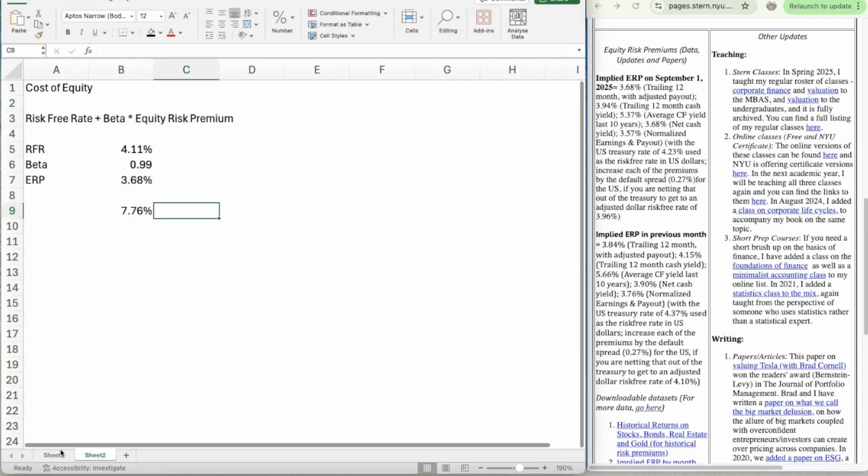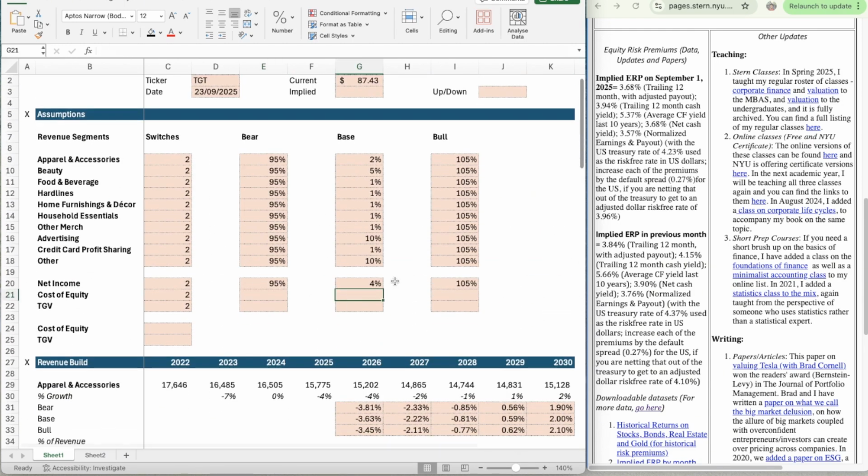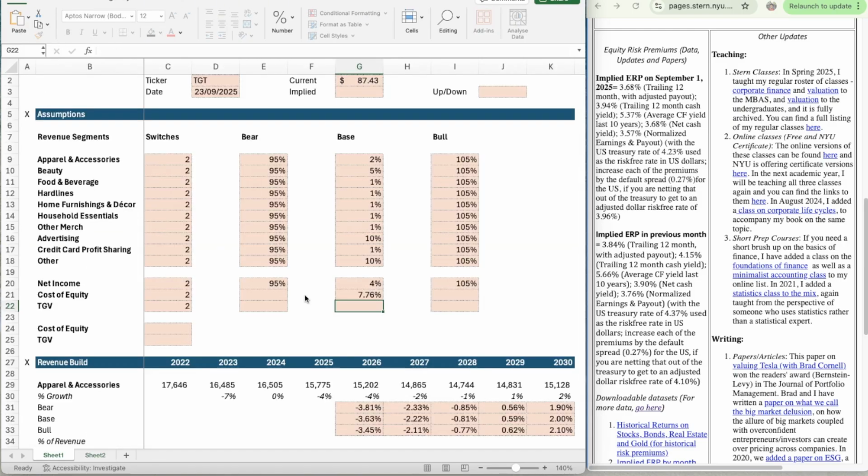B9 equals... and the bear case would be add 0.5%. And the bull case would be minus 0.5%. And we'll do the terminal growth rate at 2%. I don't think it's going to be that good.